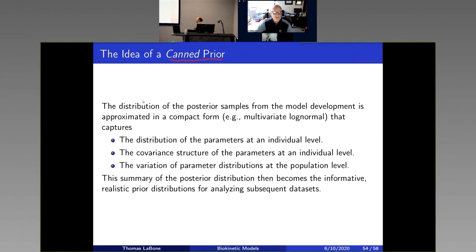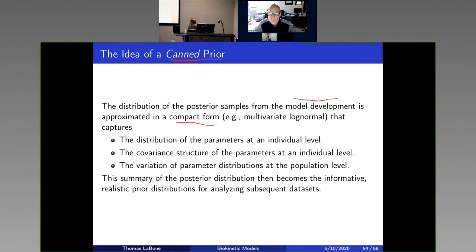And so again, we're going to take the distribution of the posterior samples from the model development. So Dr. Leggett goes through, generates this model, and has posterior distributions of all of his parameters. We want to approximate those posterior distributions in some sort of compact form, for example, multivariate log normal.